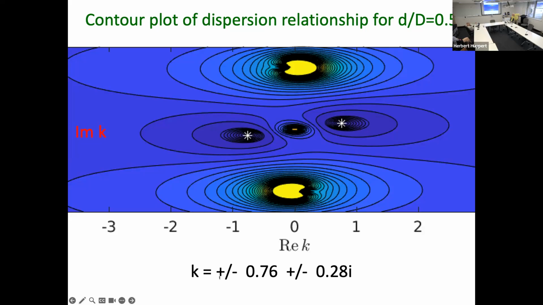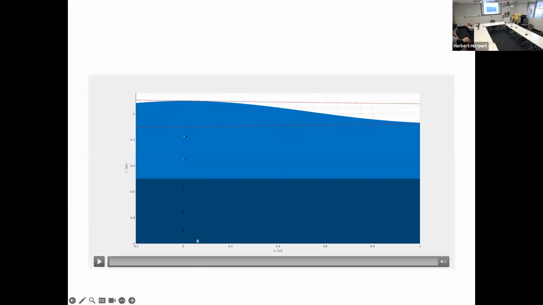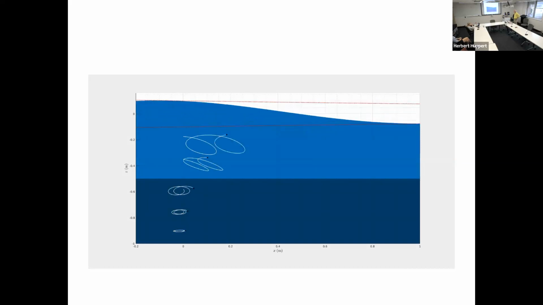But for this particular case, the wave number is 0.76 plus or minus 0.28 i. Well, it can't grow with time. There'd be no energy to allow that. So it decreases with space, and that's what you see here. Now, to give you an example, here's a movie that shows the particle paths and how they go.